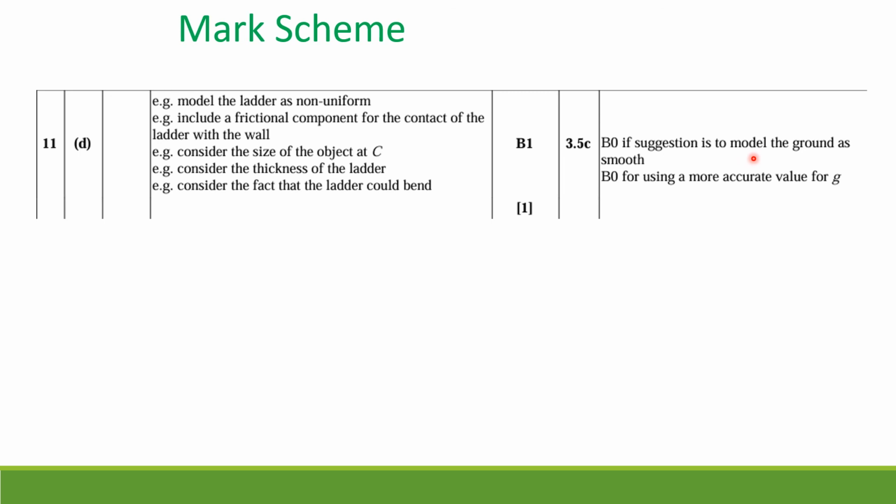If you suggest that the model is the ground as smooth or using a more accurate value of g, you get 0 marks in this case. Often saying a more accurate value of g is a way of getting a mark, but in this case they're looking for these reasons over here. So make sure you give the correct reason.